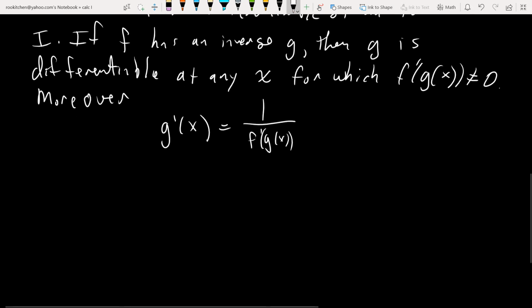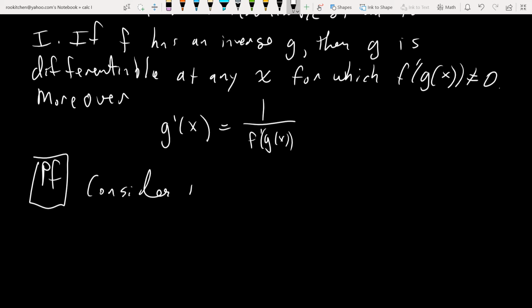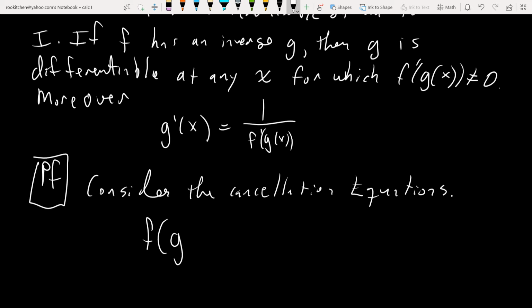So how do we prove that? We can use implicit differentiation to get the job done. Consider the cancellation equations. We recall that if we compose two inverse functions, so I'm supposing that g is the inverse of f, and I'm supposing all the differentiability stuff is intact. So consider f of g of x.